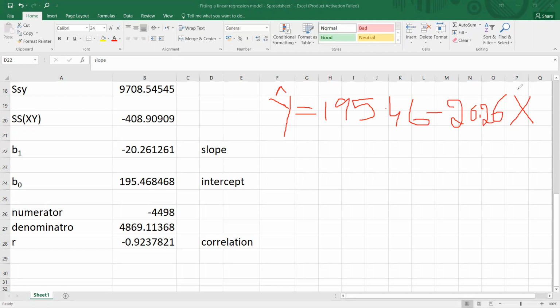What this is indicating is that the slope is 20.26, means the price will be decreased by 20.26 times $100 if the car becomes 1 year old. For each year there is a decrease of 20.26 times $100 in the price. That is the definition of slope. For 1 unit change in age, what will be the change in y? That is the definition of slope.